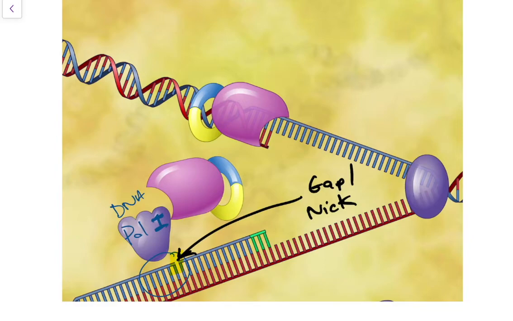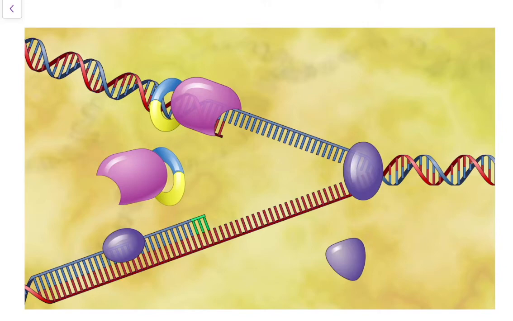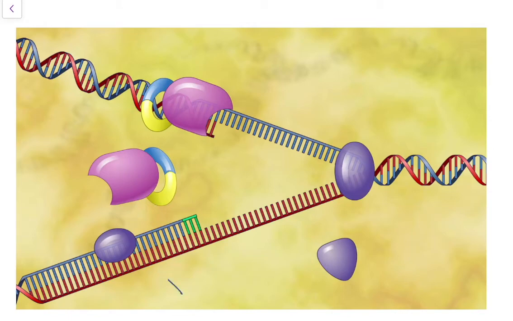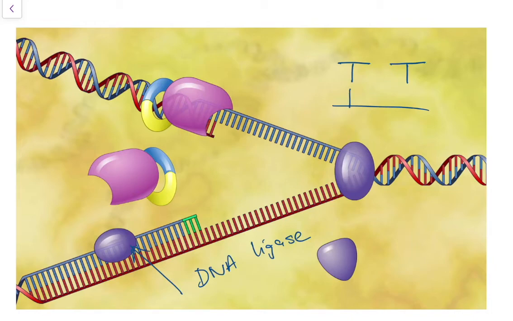So here we have our final enzyme that's going to come in, DNA ligase. If we're imagining this like a train track, on one side there was a gap in the train track, and that gap is really in the sugar phosphate backbone.